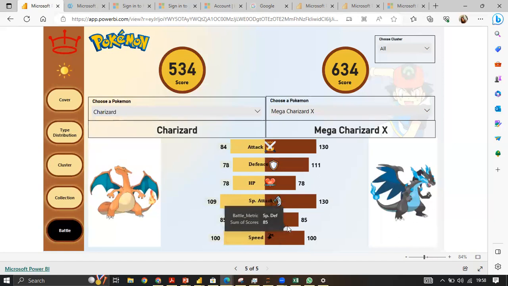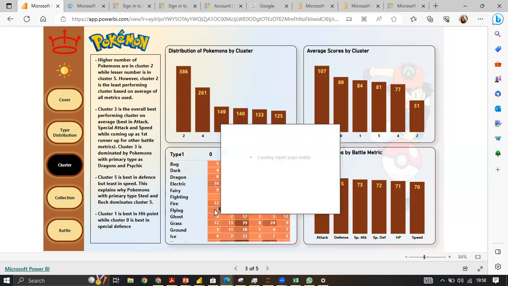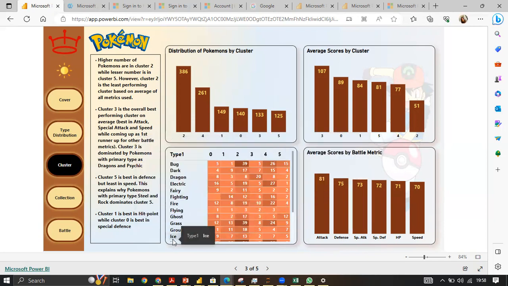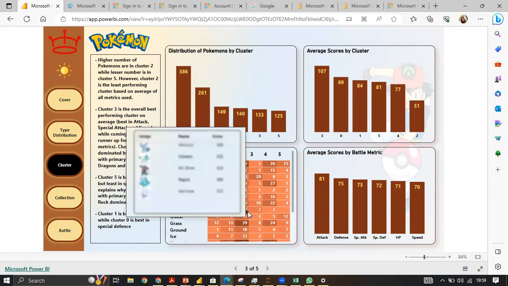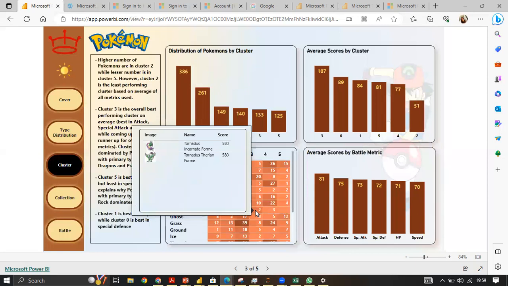They have the same in speed. Another thing I noticed in the cluster type is the flying type. Don't forget, this is the primary type. So Pokemon with a primary type of flying have a smaller distribution of Pokemons. That's just like 1, 1, 3, that's 10. And among the 10, just two are in cluster 3.